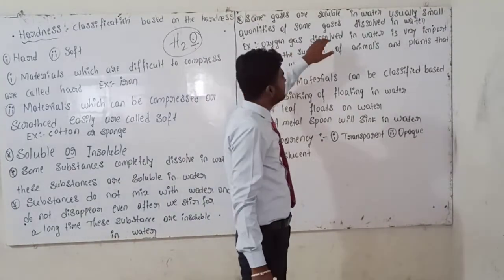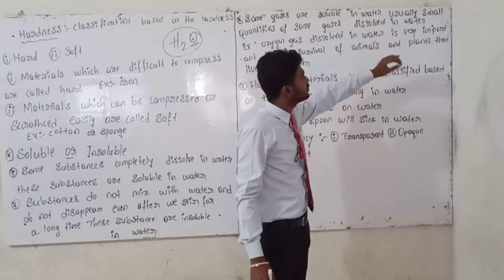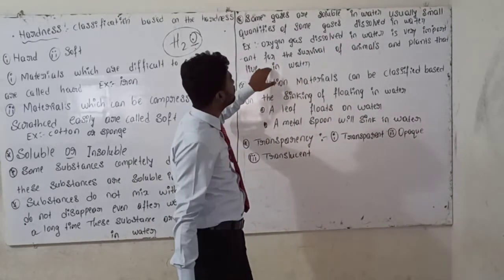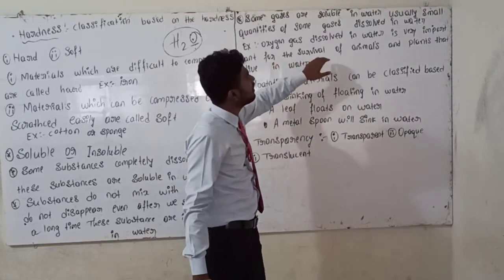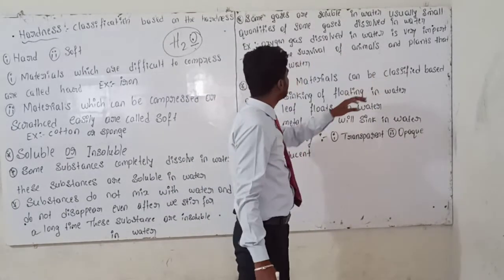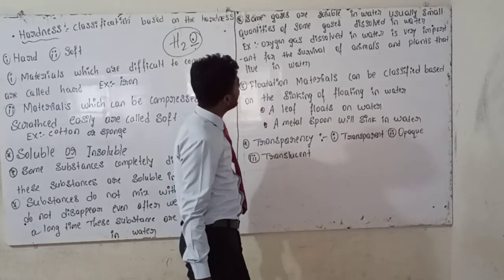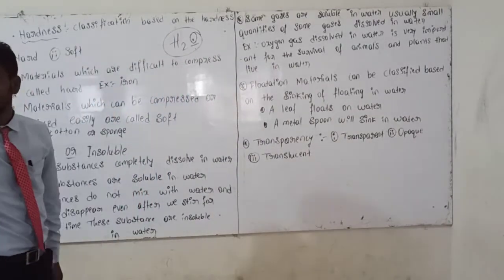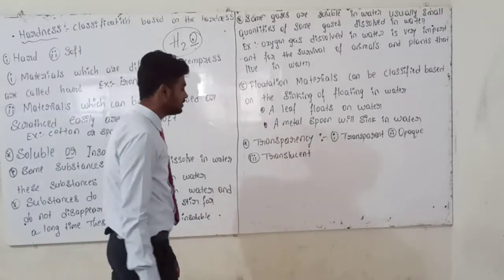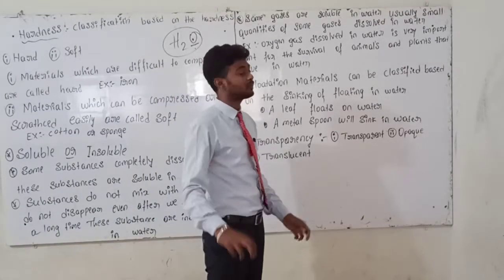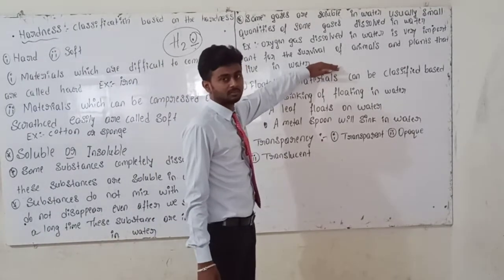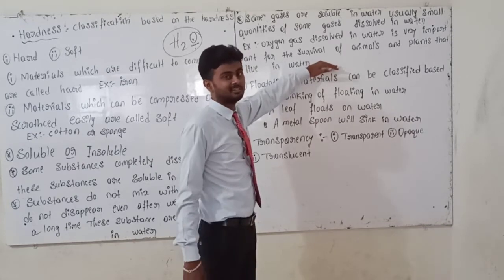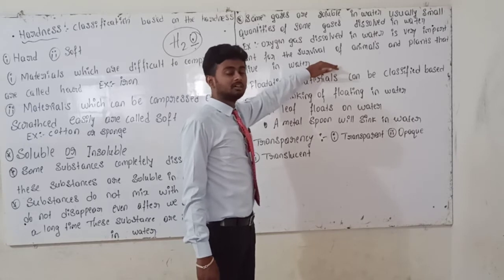Oxygen gas dissolved in the water is very important for the survival of animals and the plants that live in the water. The animals depend on the dissolved oxygen, and they absorb that dissolved oxygen.